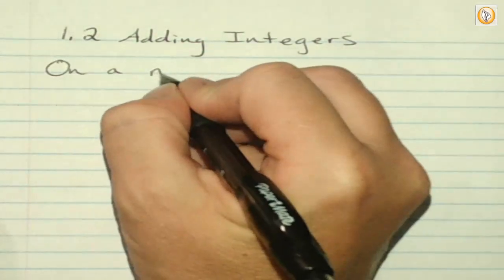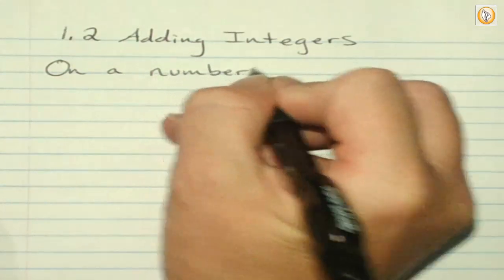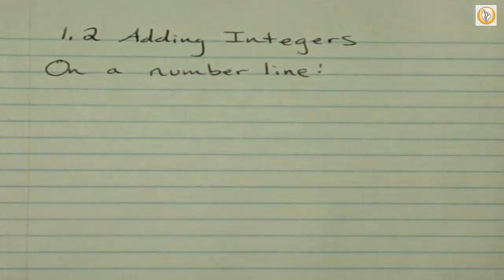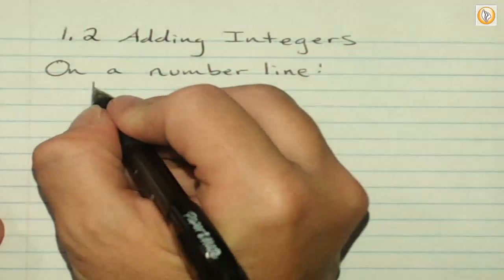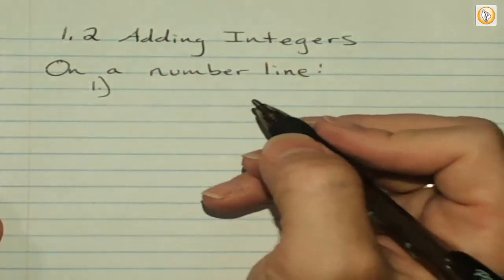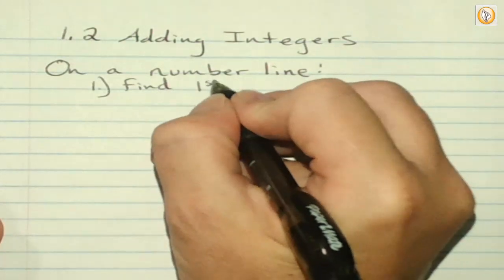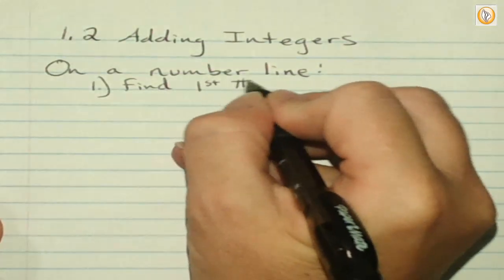On a number line, this is the basics right here. If some of you need to draw number lines when doing this, this is fine. So we're going to start with the basics and then I'm going to move past it. One, find the first number.